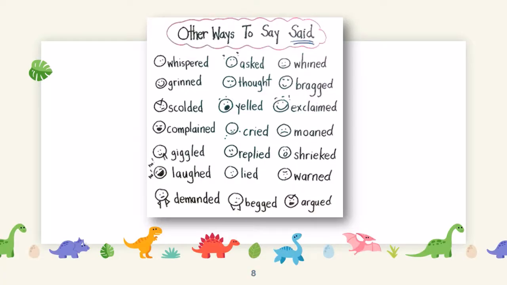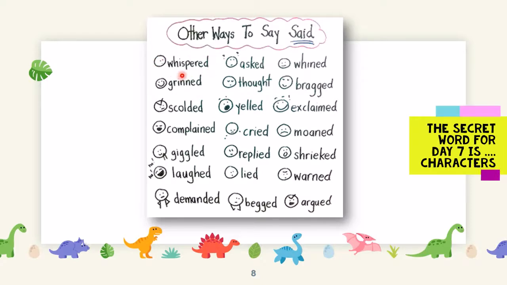Welcome back. So here are the different ways of saying said. Now I'm going to go over a few of them. For example, when you want to say a sentence very quietly, like this, we can say the person whispered. Or when the person is very angry, we can say, Miss Wendy scolded Titty.